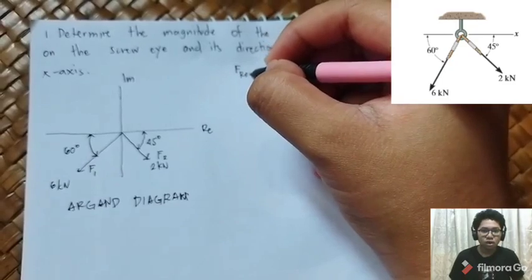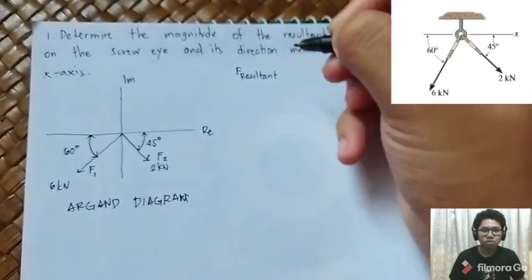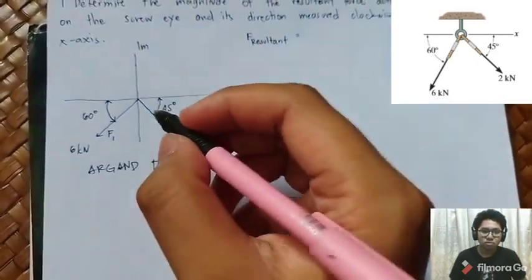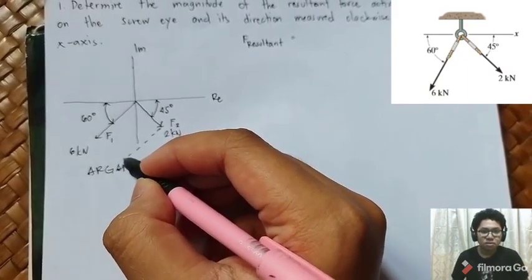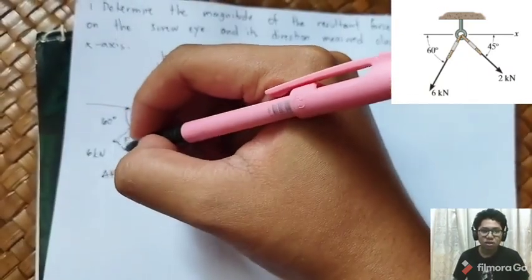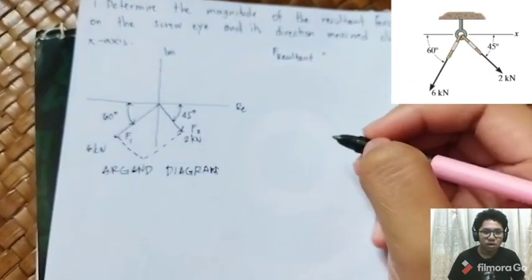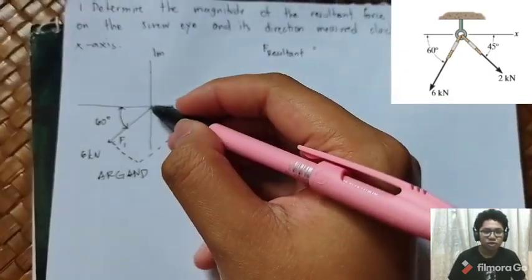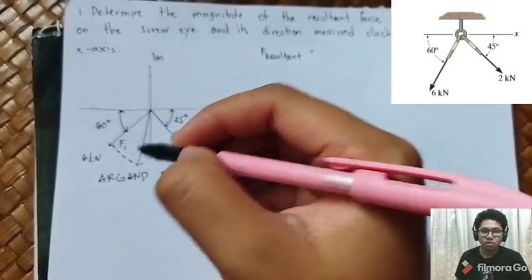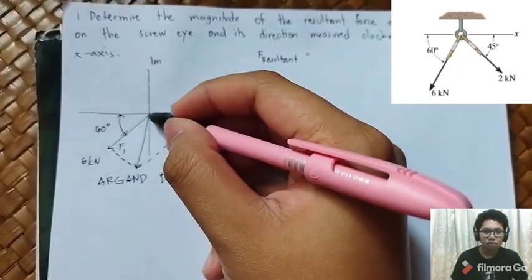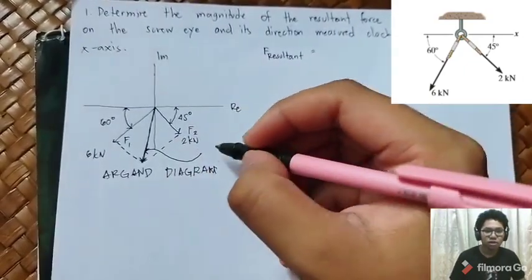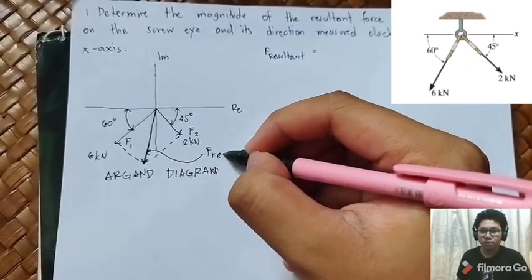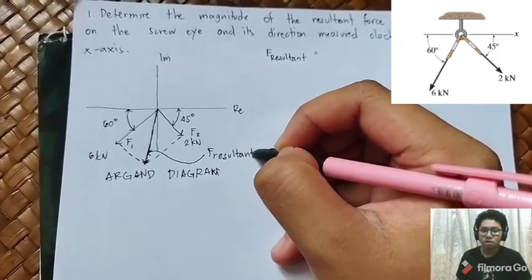Then to calculate the resultant force, we will use a parallelogram by drawing invisible lines parallel to the other force, and then we will draw a line from the origin to its intersection point, and that would be our resultant force.